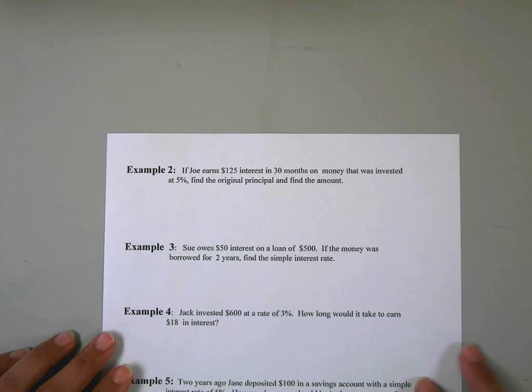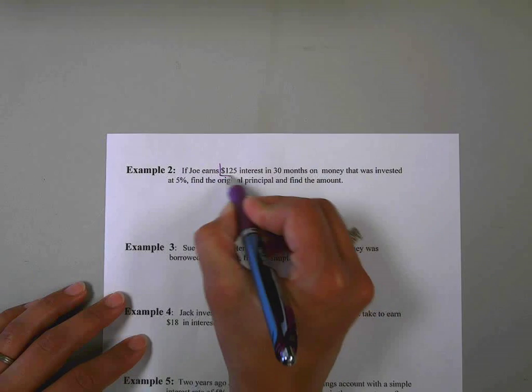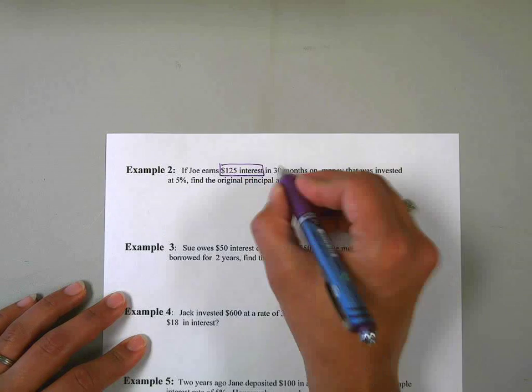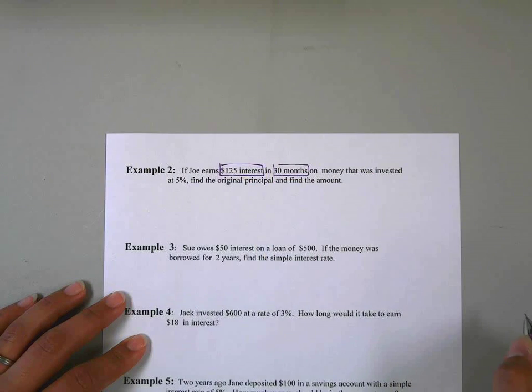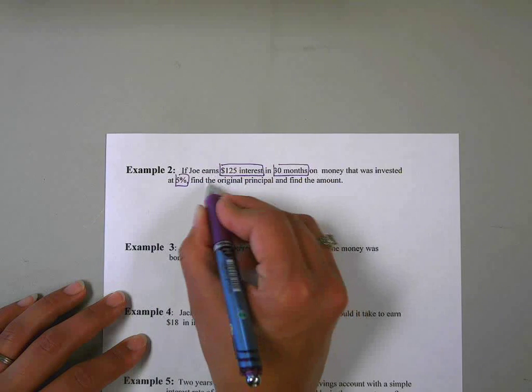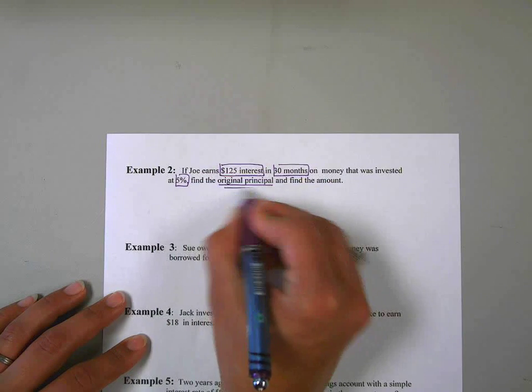So let's look at our next example. Here's a real world example. If Joe earns $125 in interest, I'm going to go ahead and box that in. That's important information. In 30 months on money that was invested at 5%. Find the original principal.